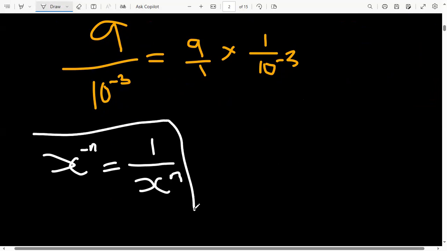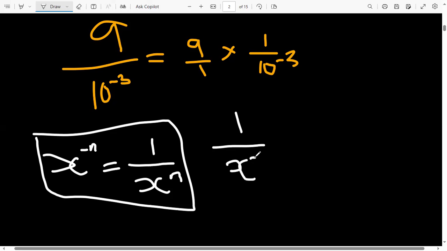You have to know this rule. This rule can also be extended to such a situation: if I have 1 over x to the power minus n, it is the same as just x to the power n, which is the positive number.